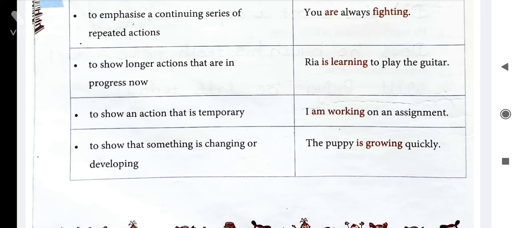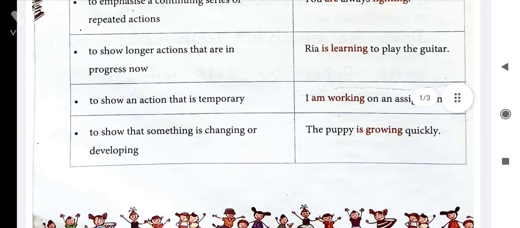Like today we started learning how to play a guitar, and tomorrow you are not going to become an expert. That art takes time. So the longer action that is in progress, it's not done yet. Ria is learning to play the guitar.